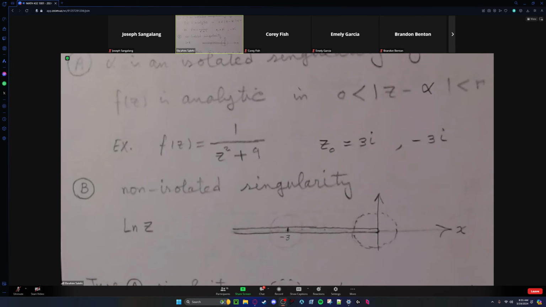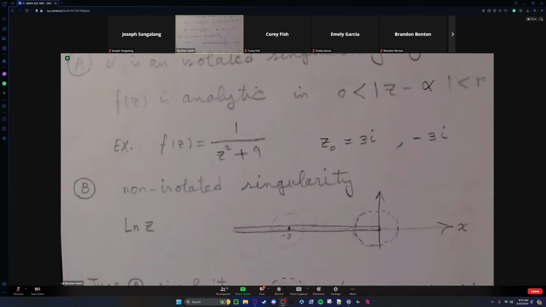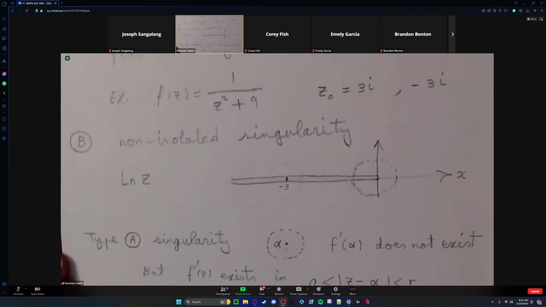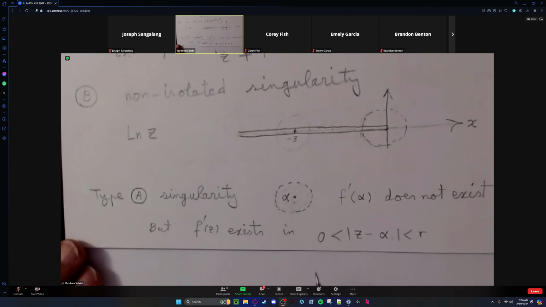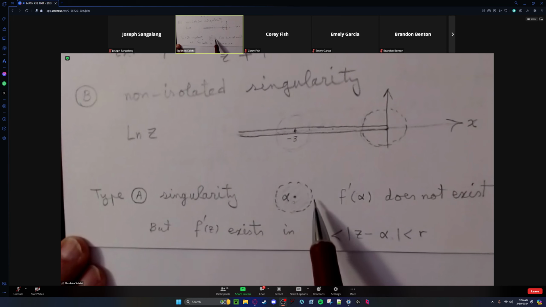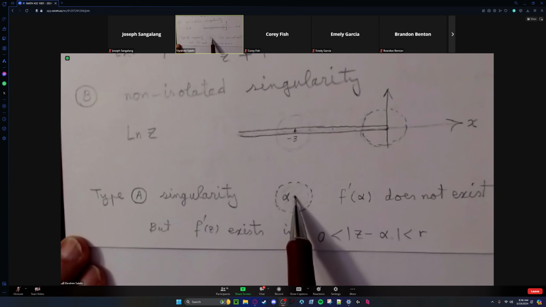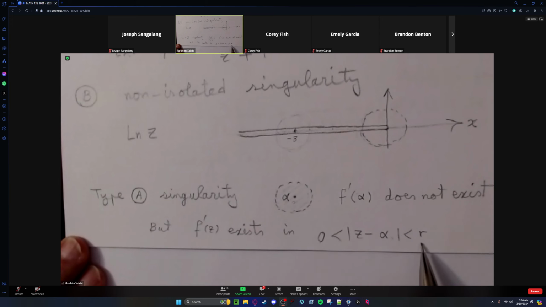Well, we basically are going to talk about isolated singularities, okay? So for isolated singularities, as I mentioned, the function is perfectly fine in this neighborhood, except at alpha itself, right? And we usually denote it by this. We exclude alpha, right?